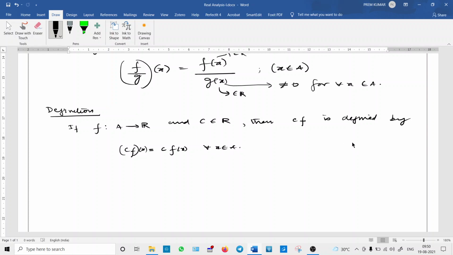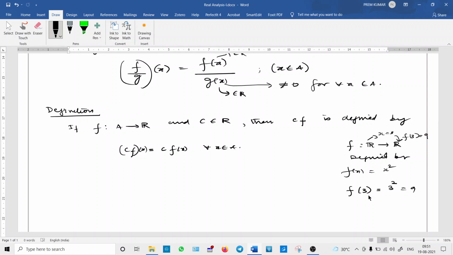Suppose f is a function from R to R. I am taking both the domain and codomain as R, defined by f of x equals x square. Now, what is f of 3? I am taking one value, x equals 3, and the function value will fall here. f of 3 equals 3 square, which is 9.